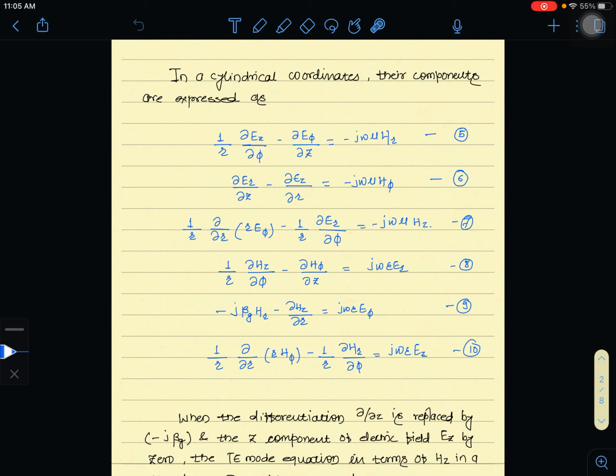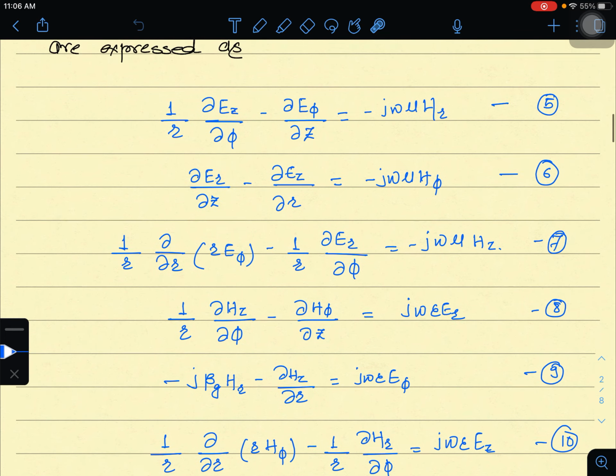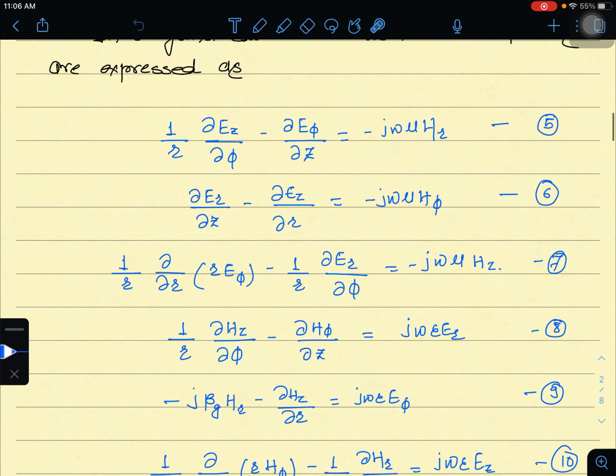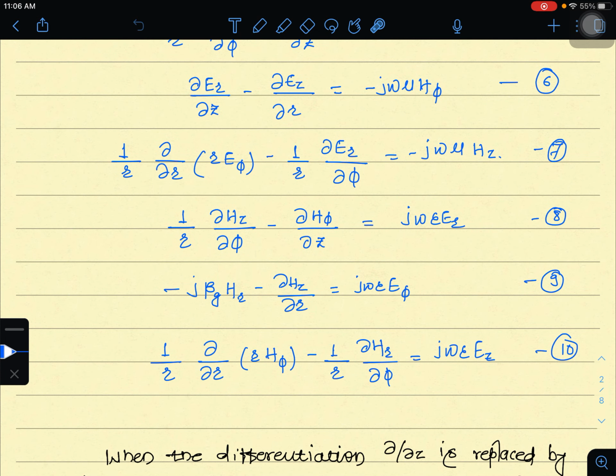I am not reading out all these equations because we already see them on our board. These six equations are the cylindrical coordinate components of the Maxwell curl equations in the frequency domain. Now from the above equations we are going to make some changes.